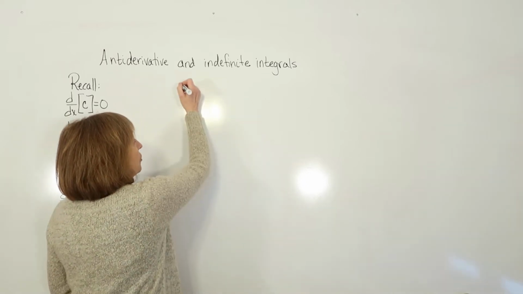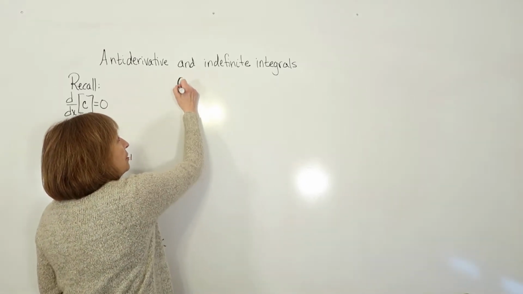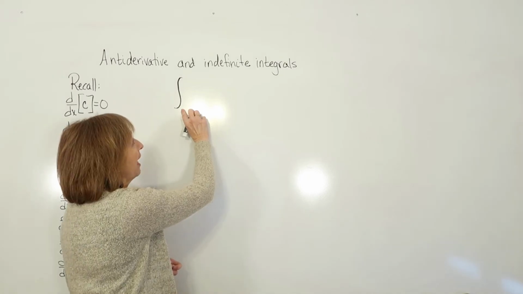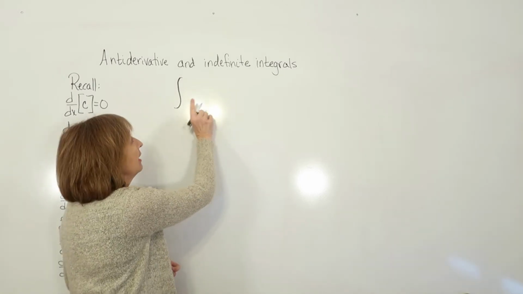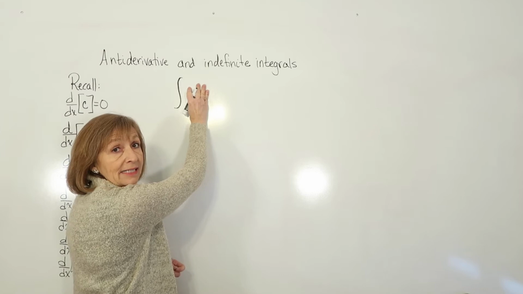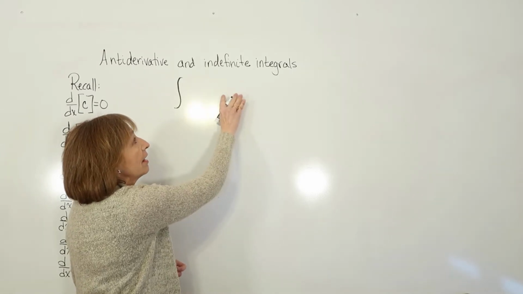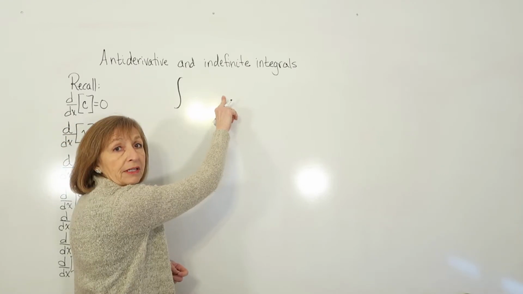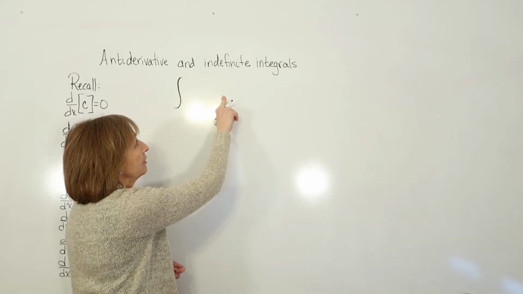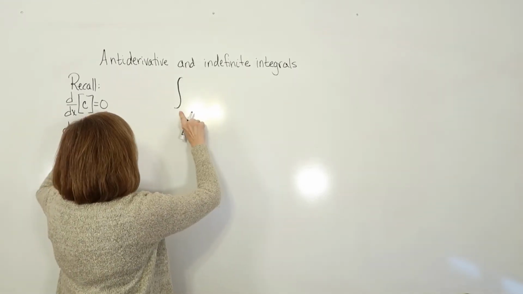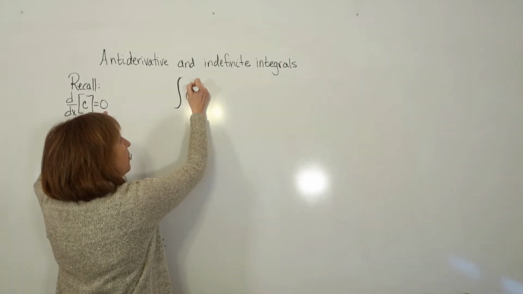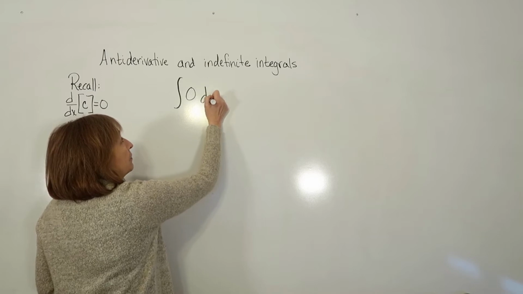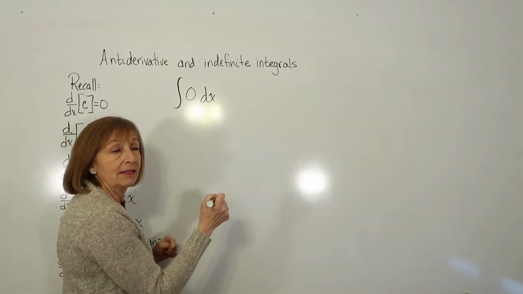To ask us the question, the notation starts with an elongated looking sort of S, that's called the integral sign, and then what they're asking us to integrate, and then the variable with respect to which we are doing our integration process. So here I want to go backwards on what if I had 0 as my derivative here, and then it's with respect to x.